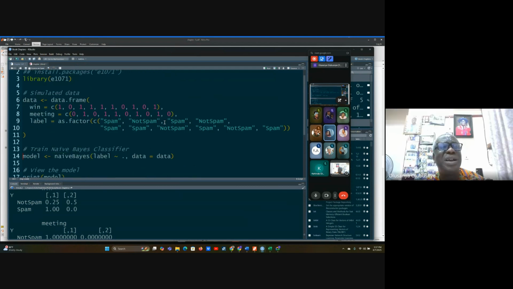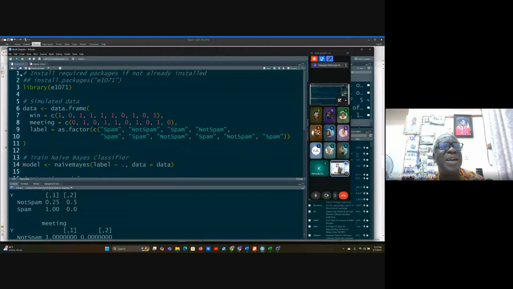Good. In this lecture, you are not only to learn about the technique, you should also be able to apply it. You should know how to use the tool, and the tool we are using is R. You just have to get familiar with how to write simple R code.